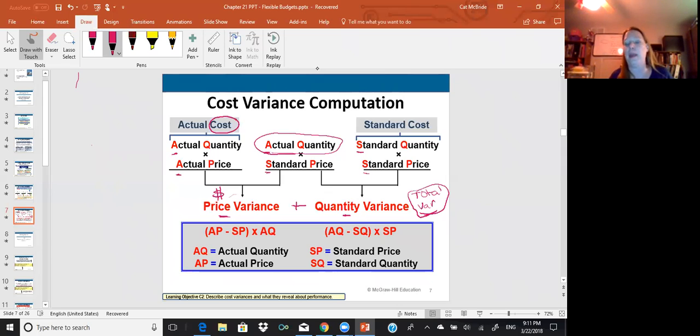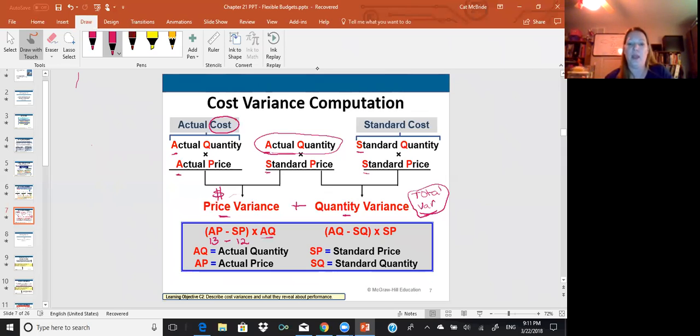We planned to pay 12, we paid 13. So there's a $1 variance times however many hours we worked gives us the total dollar amount.